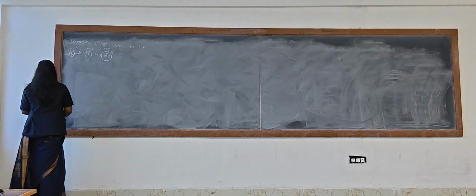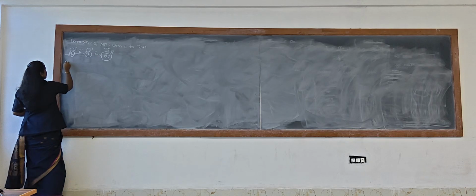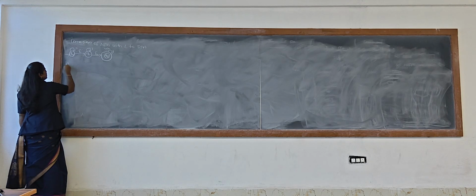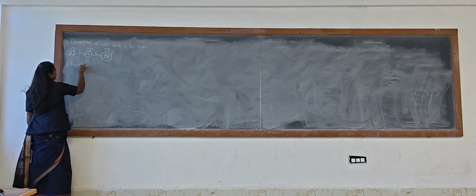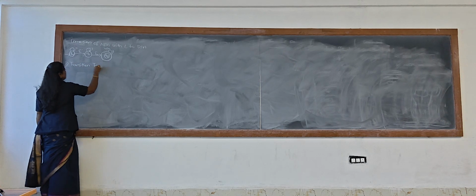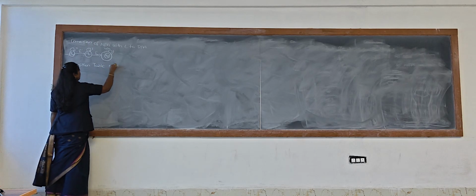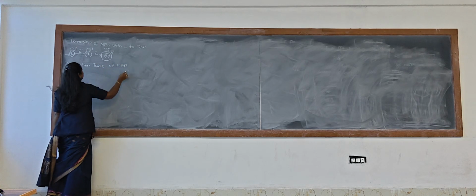So step 1. In step 1, we should find the transition table of NFA.